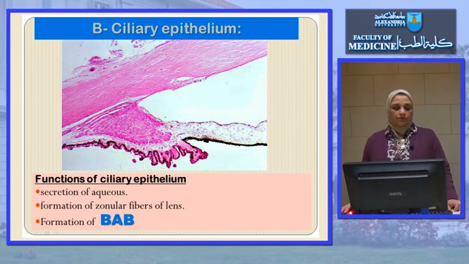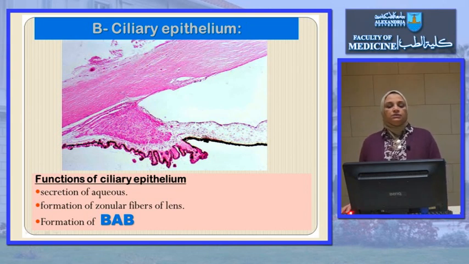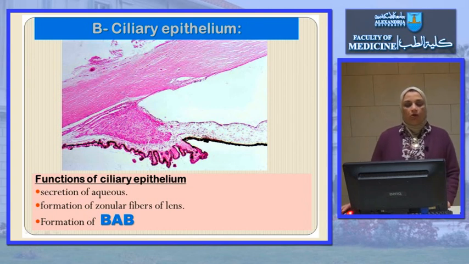Here there is a barrier between the aqueous here and the blood present here, through the junctional complexes, tiny junctions between the apices of the non-pigmented cells. So the inner layer, which is the non-pigmented epithelium, has junctions between the apices of these cells together, forming a barrier between the aqueous present here and the blood vessels present in the stroma of the ciliary body.